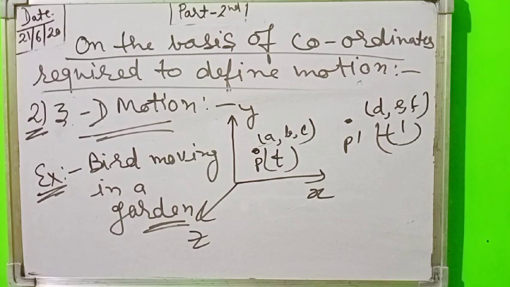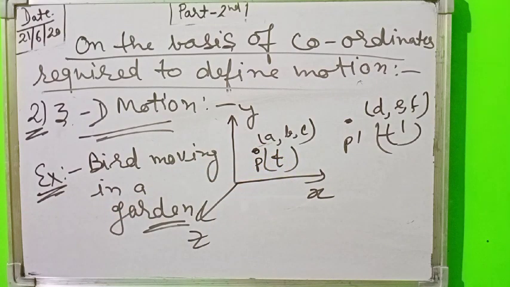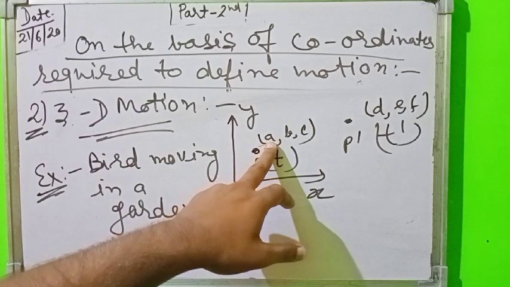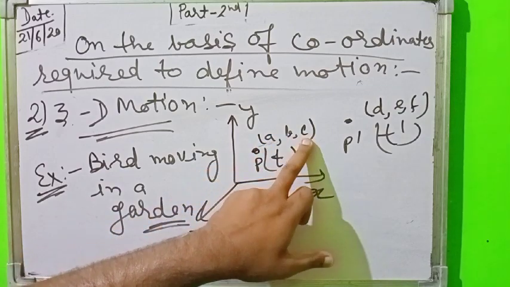Suppose a mosquito is here inside the room. At time t, when you are observing that mosquito, it has the coordinates a, b and c. To specify its position, we specify the x coordinate as a, the y coordinate as b and the z coordinate as c.